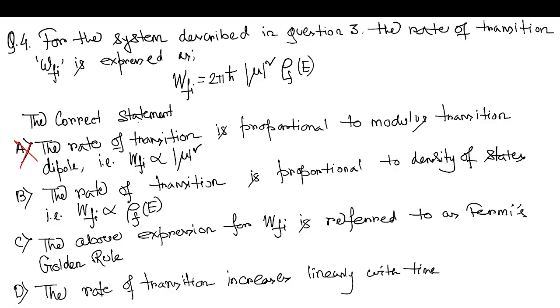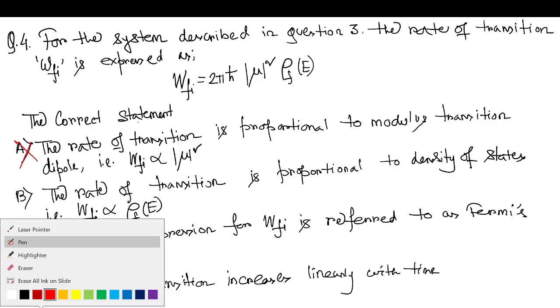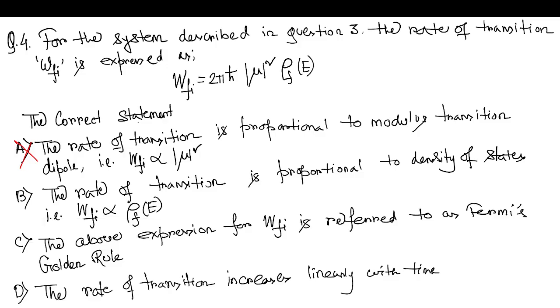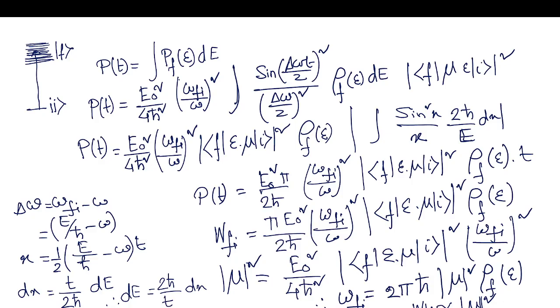The rate of transition is dependent on density of states, which we can see over here. Option C says the above expression W_FI is referred to as Fermi Golden Rule. As I say, the rate of transition increases linearly with time? As you can see, this rate of transition is independent of time.